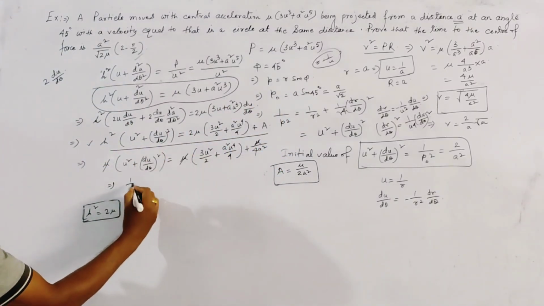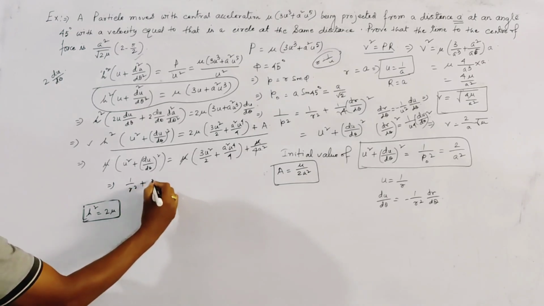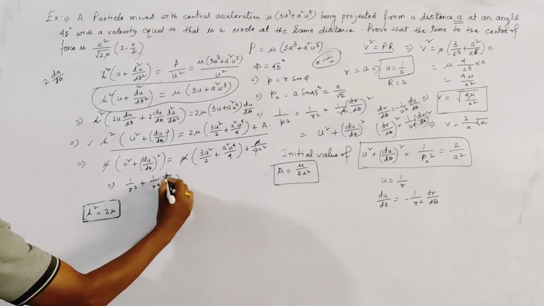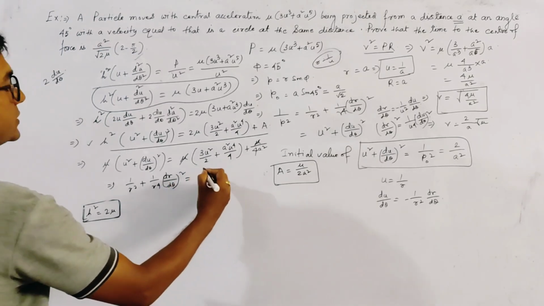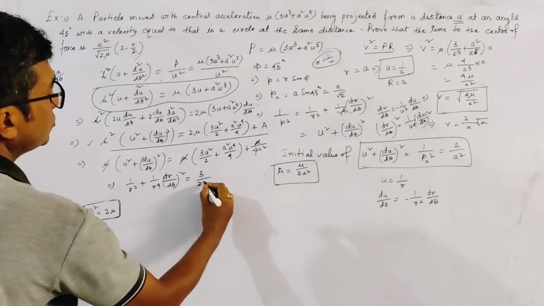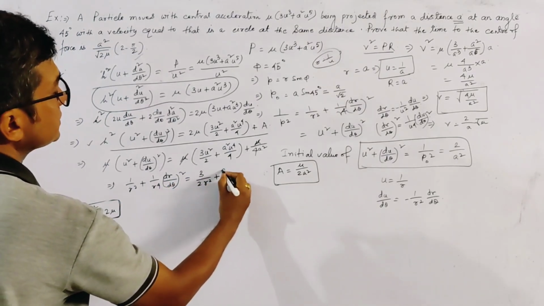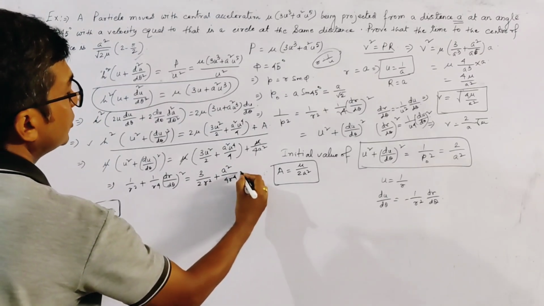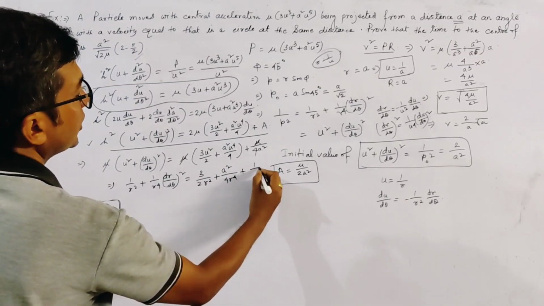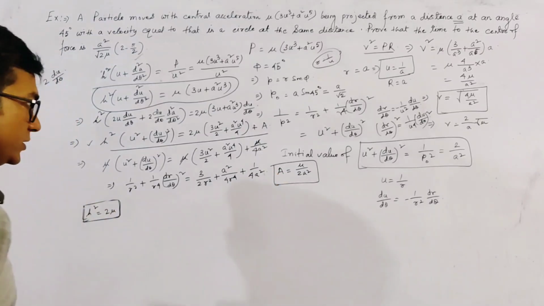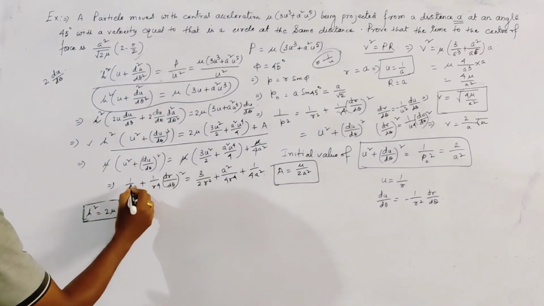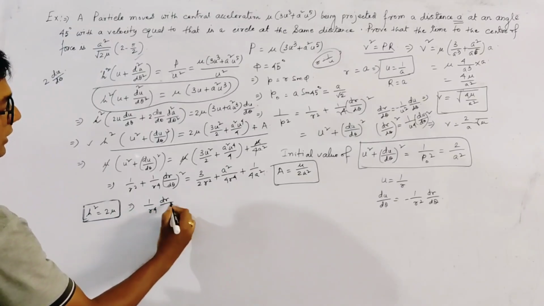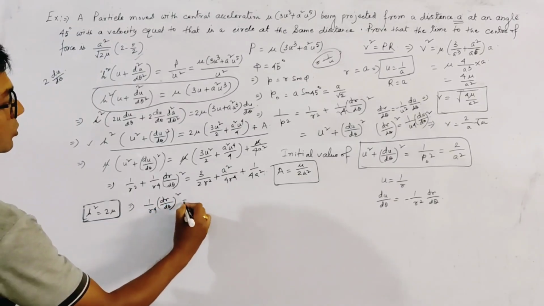This is given by 1 by r square plus 1 by r to the power 4 dr d theta whole square, equal to 3 by 2 r square plus a square by 4 r to the power 4 plus 1 by 4 a square. And this relation gives 1 by r to the power 4 dr d theta whole square.